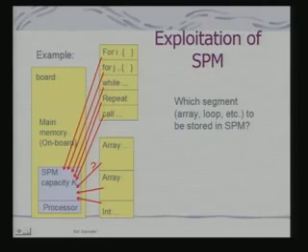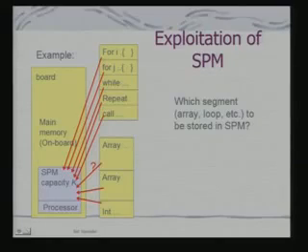Now what we are looking at is SPM. One possibility is a static allocation. That means the compiler decides at compile time itself to allocate these blocks onto SPM. So they will be on the SPM always. In a cache, it's not a static allocation. Cache is typically a dynamic allocation depending on demand.